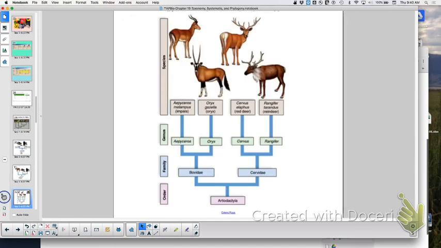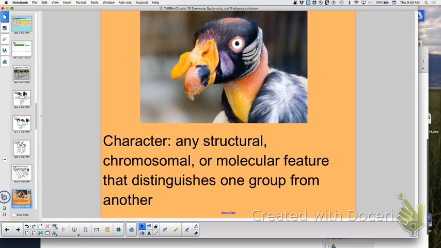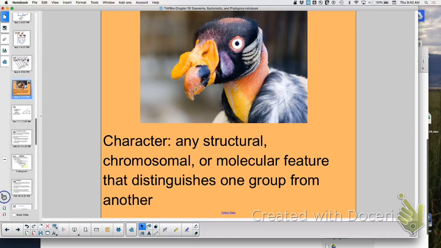We already went over cladistics, right? We already reviewed that in a previous chapter. Oldest bio buddy, tell them what a character is, please. Okay?